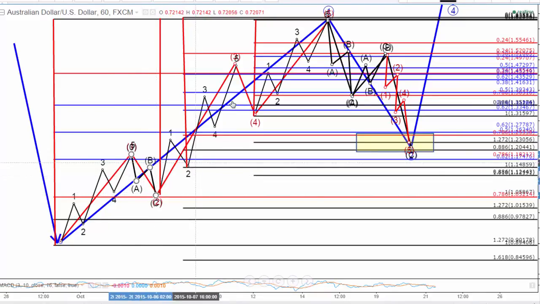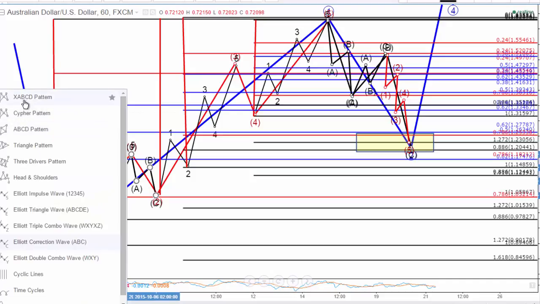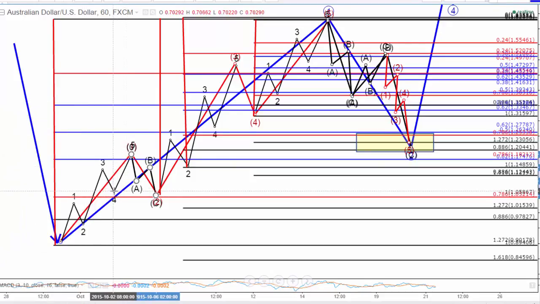Little ABC corrective waves within these structures. Each of these should have those. Also these harmonics will come from here, here, here, here, and you get those little Gartleys or butterflies that come in right there.